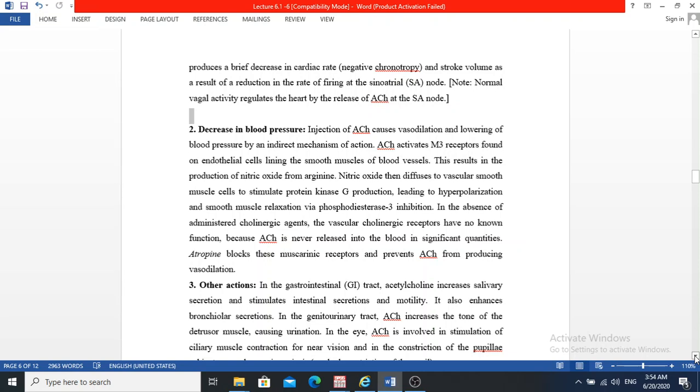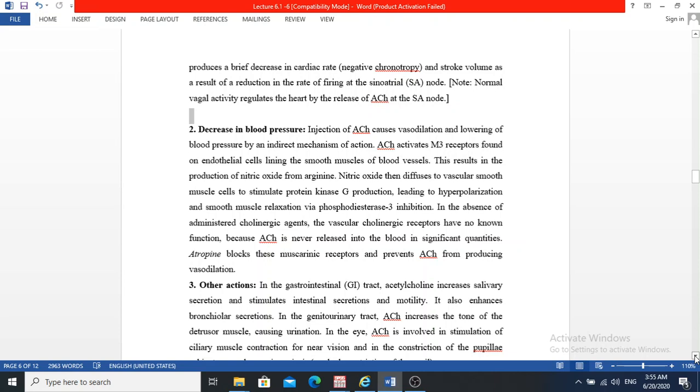Acetylcholine activates M3 receptors found in the endothelial cells lining the smooth muscle of blood vessels, resulting in the production of nitric oxide from arginine. Nitric oxide then diffuses into the vascular smooth muscle to stimulate protein kinase G production, leading to hyperpolarization and smooth muscle relaxation via phosphodiesterase 3 inhibition.